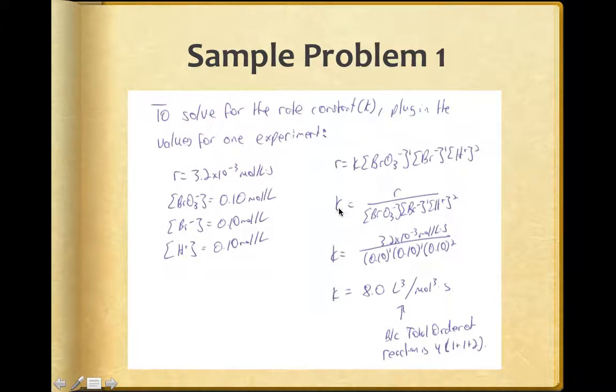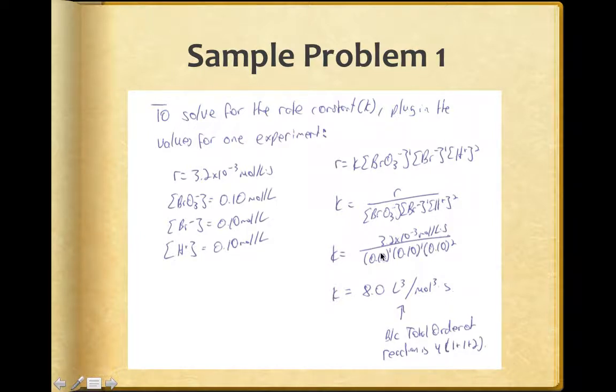I'm isolating for K, so all I'm doing is dividing by these values over here. So we have K is equal to the rate divided by the concentration of bromate to the 1, bromide to the 1, and H+ to the 2.